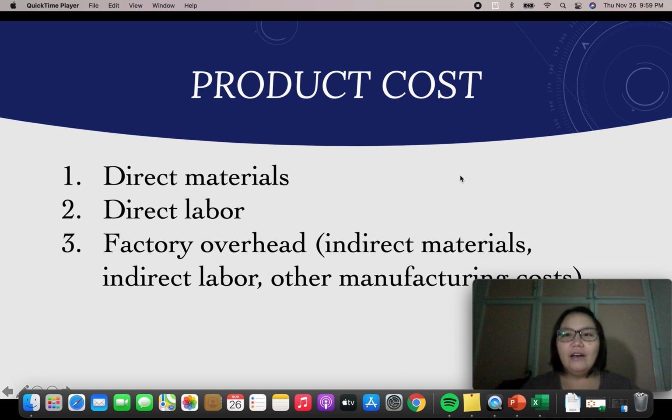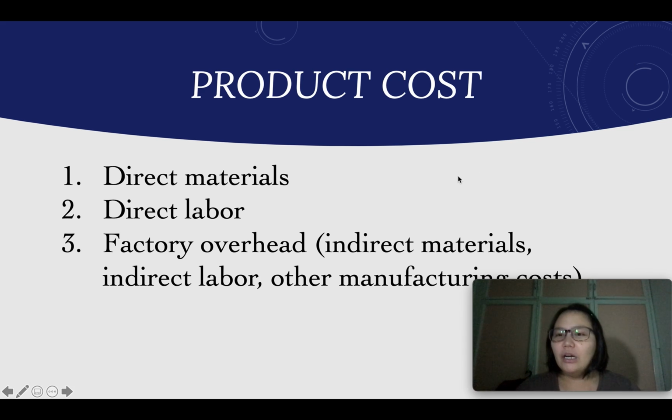We have the trimmer, the sewer, the quality control personnel, and so on. And what else do you need? You need the sewing machine, electricity, and a factory space. These are the things we need in order to produce the finished product, which is a backpack or a bag. Okay? So what is a direct material?